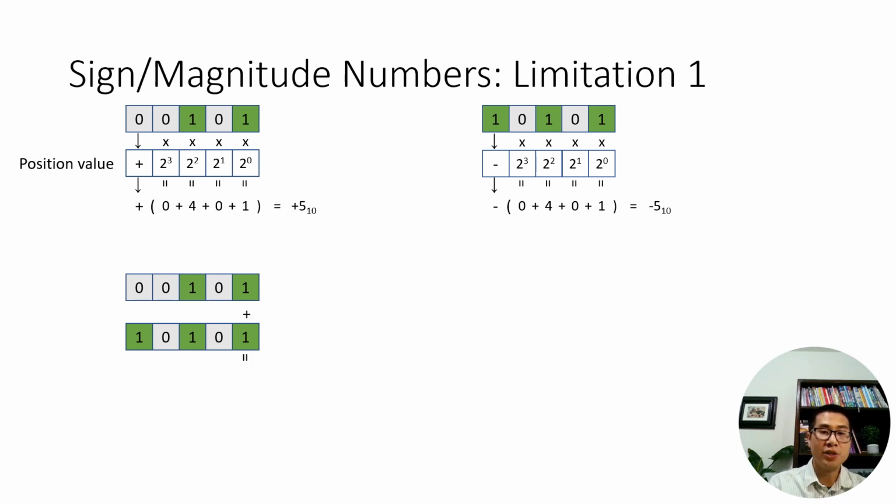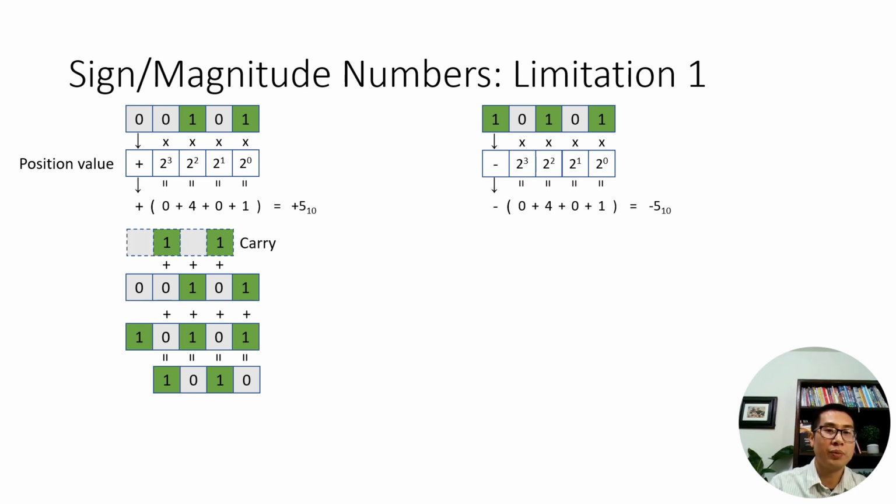When we add the first bits, it's going to produce 0 and carry 1. Then we add that carry with the 0 bit and another 0 bit, which produces 1, and there is no carry. Then we add the next 2 bits. It's going to produce another 0 with 1 carry. If we add this one, it's going to produce 1 without a carry. And then we add the last bit there, 0 plus 1, which produces 1.